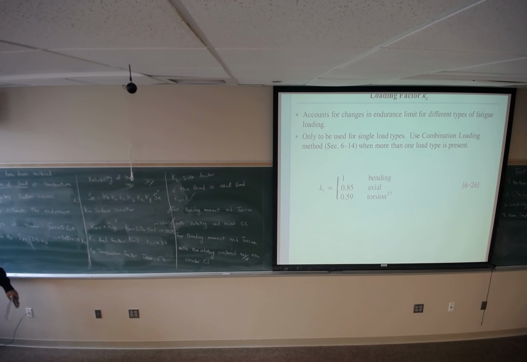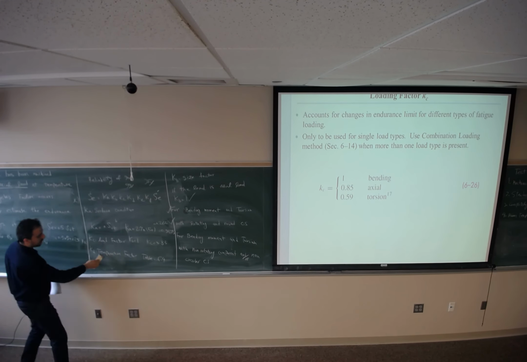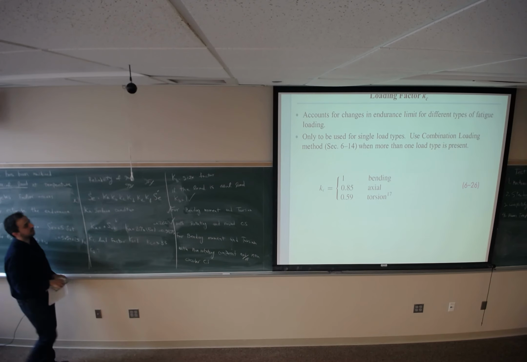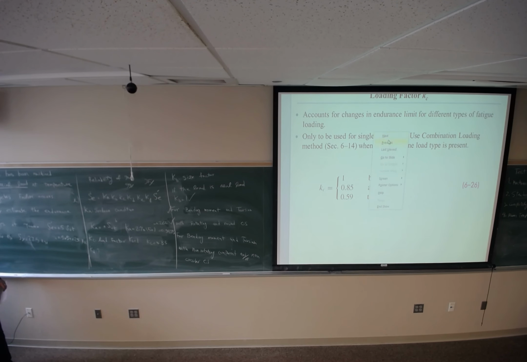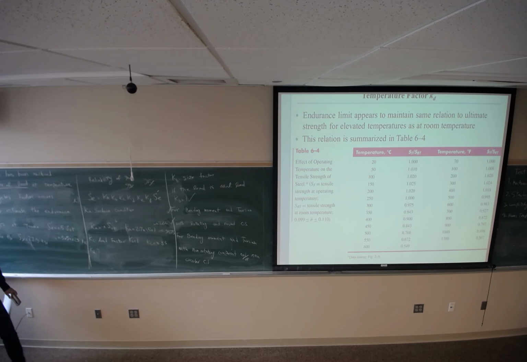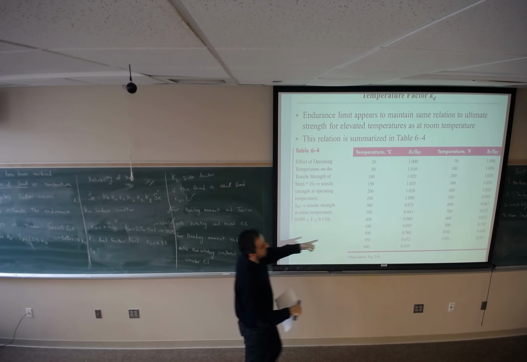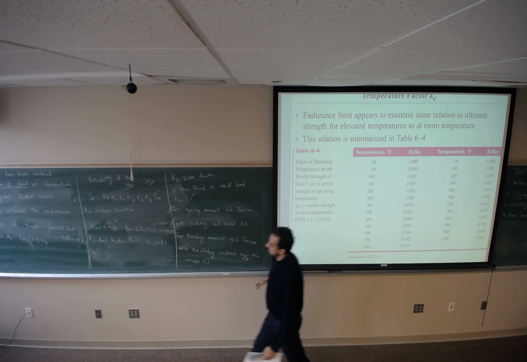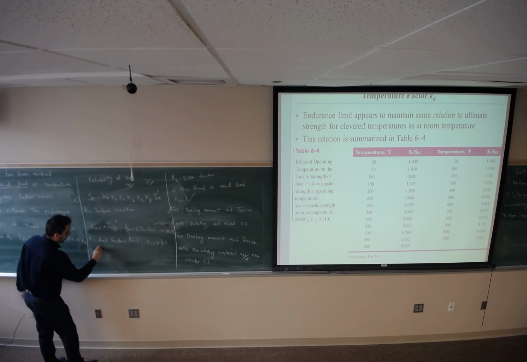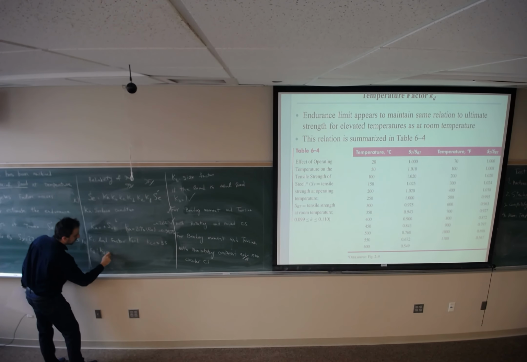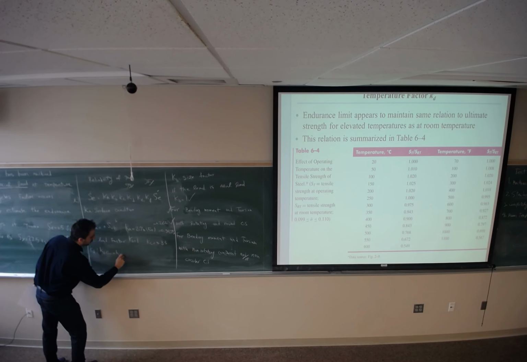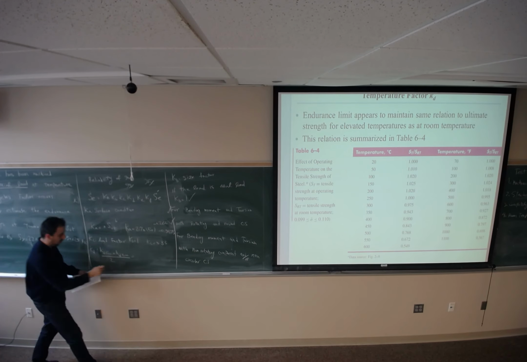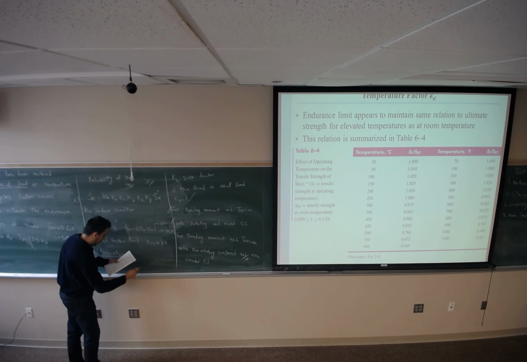Equation 6-26. Kd is the temperature factor, so the working temperature is 550. In this table, we have 500 and 600. So 550 would be in the middle. I just took an average. So Kd is going to be Kd for 600 plus Kd for 500 divided by 2, which is 0.979.